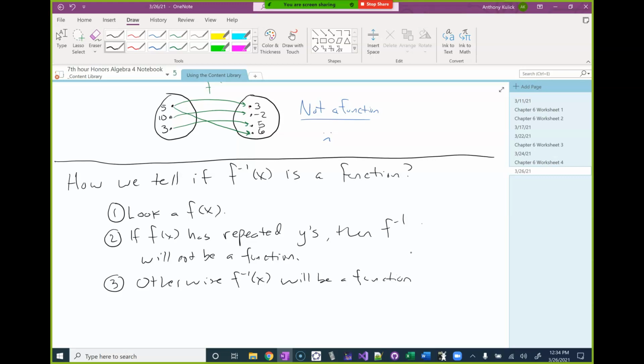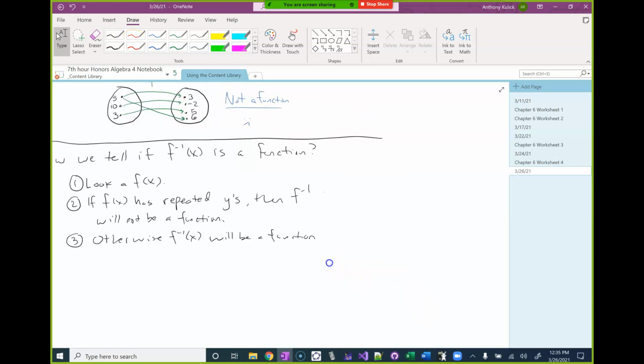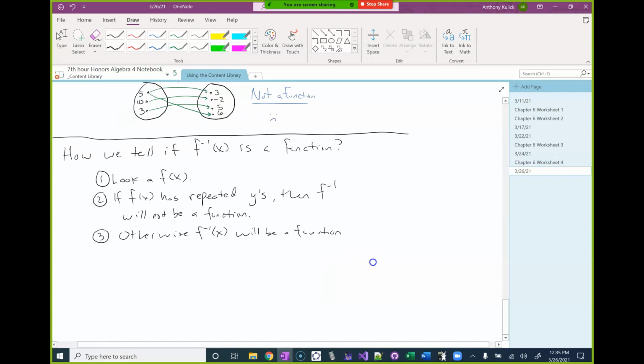We say that f of x is 1-to-1 if it has no repeated y coordinates. So another way to phrase that statement is, if f of x is 1-to-1, then f inverse would be a function.